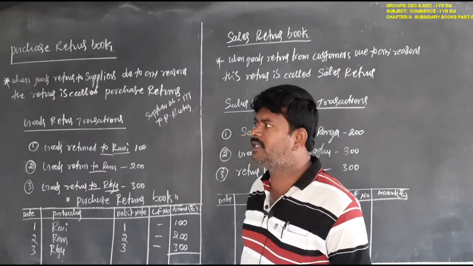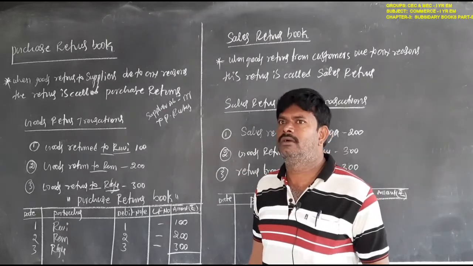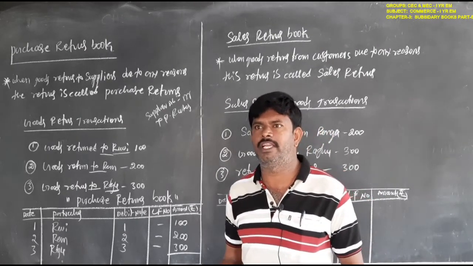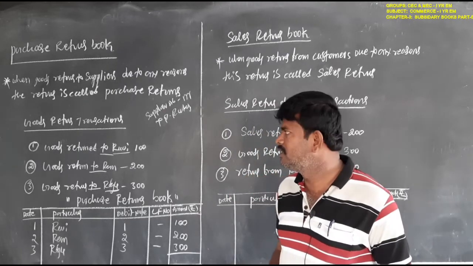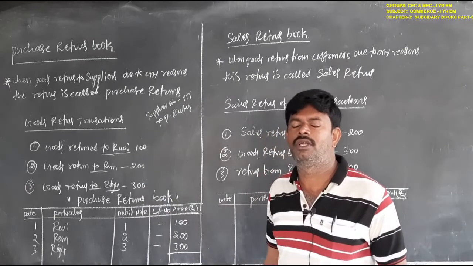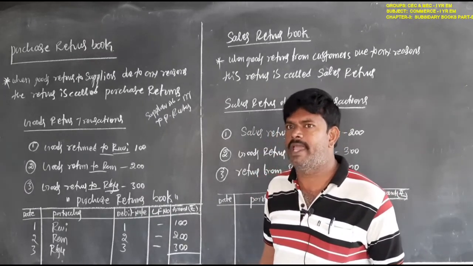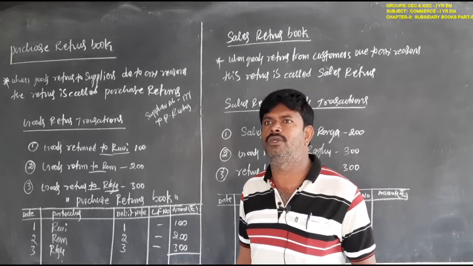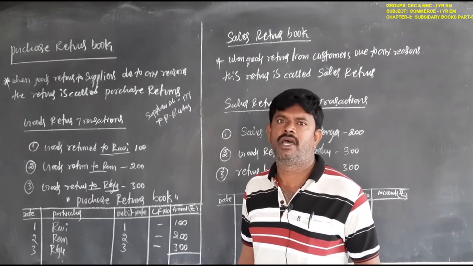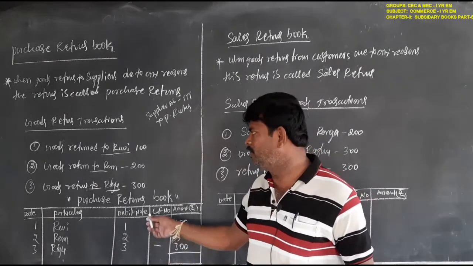It indicates that we have adjusted for purchase returns in our books, and the business explains this to the suppliers. The note is called a debit note. Debit note is prepared by the firm and sent to the suppliers. It details the return goods, quantity, quality, price, and reasons for the returns. Each and everything will be included in the debit note.